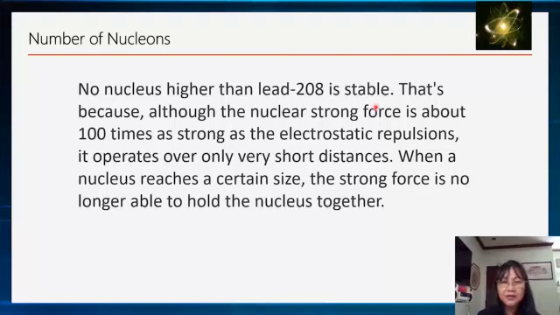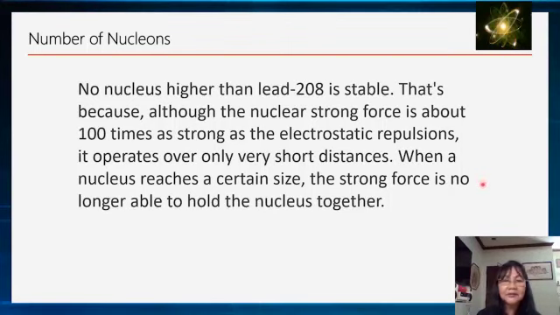So most of the isotopes beyond lead-208, so beyond element number 80, there is that more likeliness of the isotope to become unstable. That's because although the nuclear strong force is about 100 times as strong as the electrostatic repulsion, it operates over only very short distances.